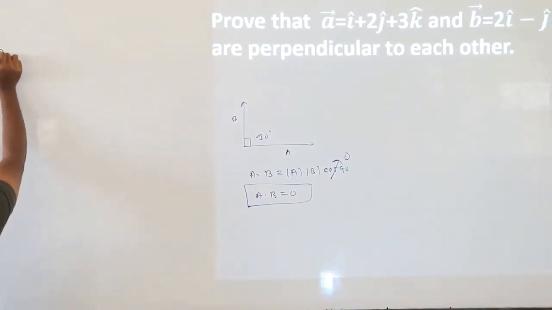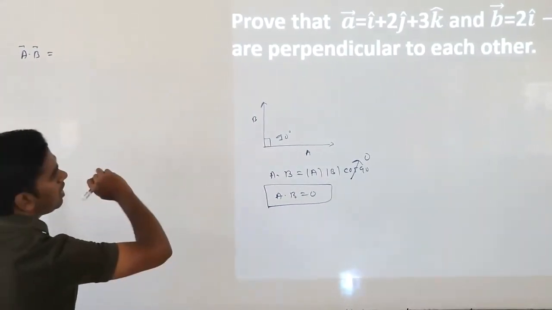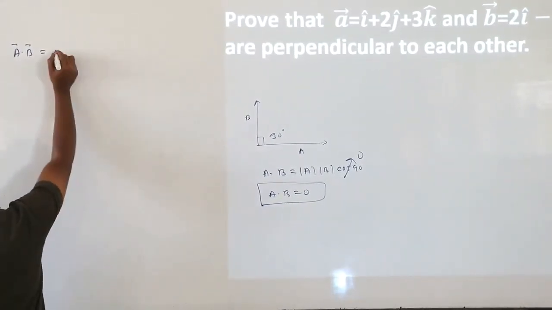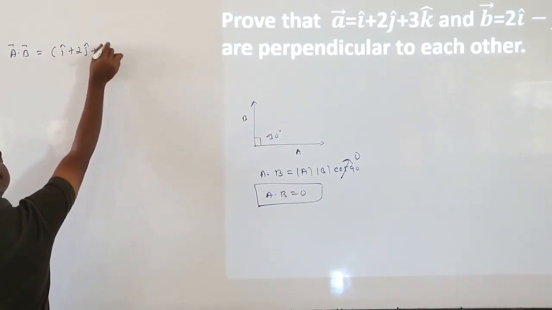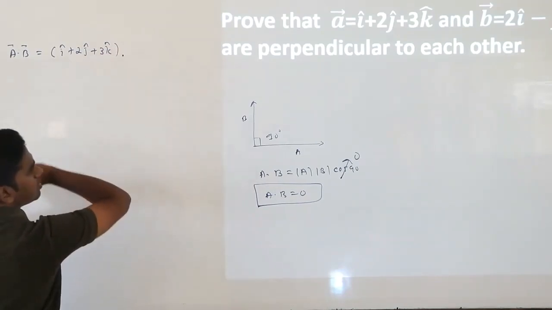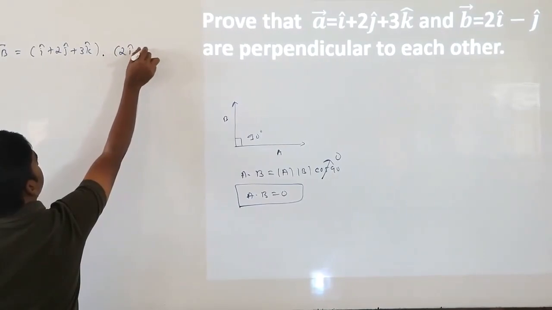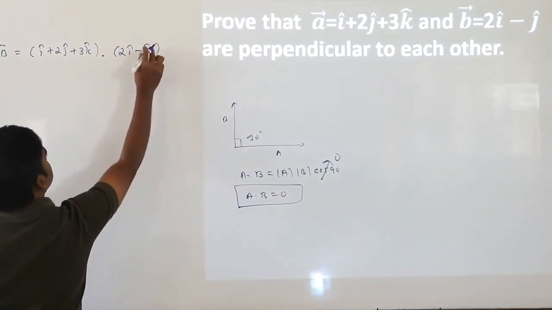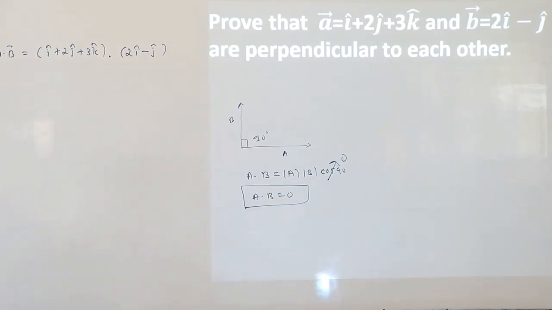So vector A dot vector B. What is vector A? I cap plus 2j cap plus 3k cap, dot 2 I cap minus j cap. If k cap is not there, it means the component along the z axis is 0.